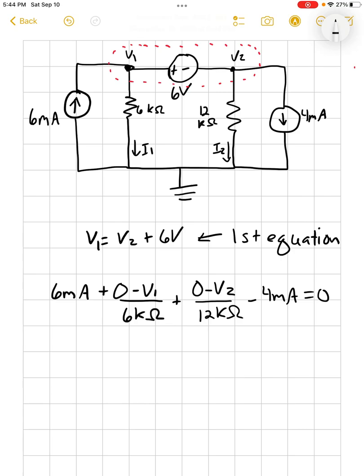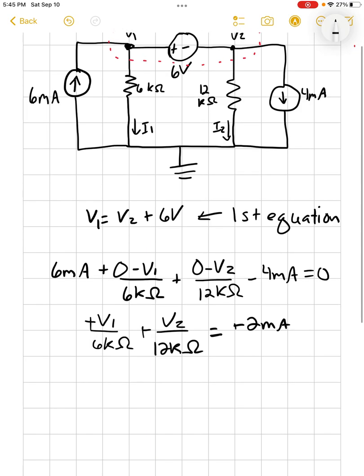Okay, so I'm going to combine some terms here. So I'm going to have minus V1 over 6 kilohms minus V2 over 12 kilohms. If I add my currents together, that gives me 2 milliamps on the left-hand side. When I move it over, that ends up being minus 2 milliamps. So I'm going to get rid of all my negatives, multiply everything times negative 1.